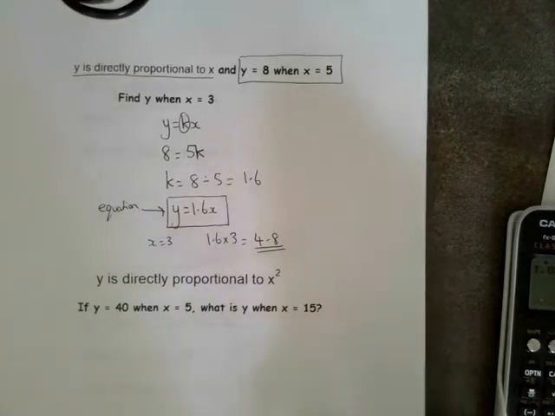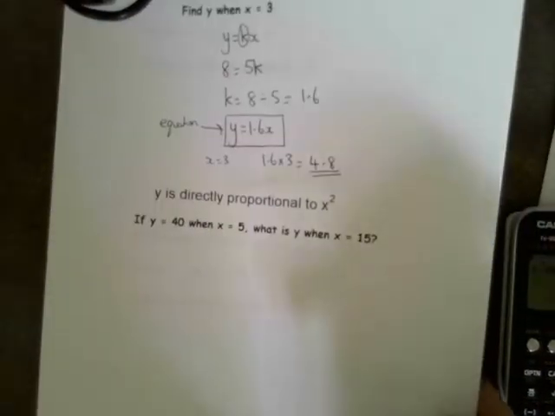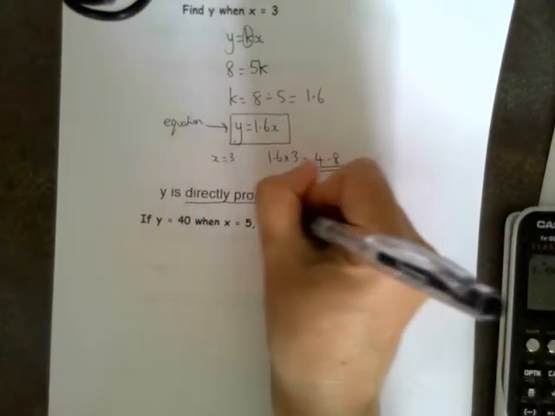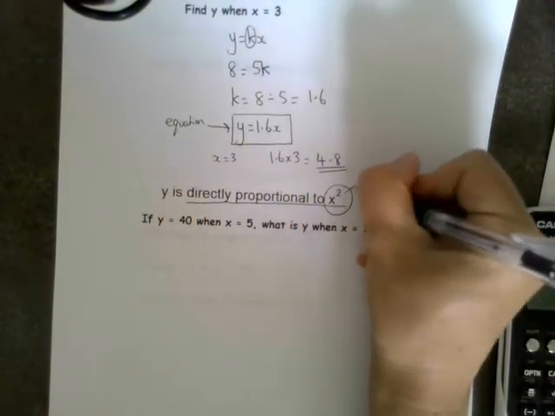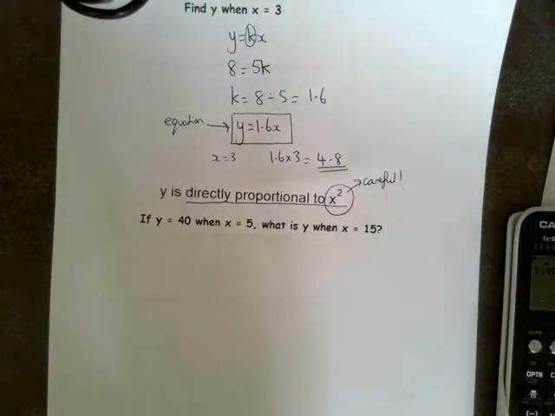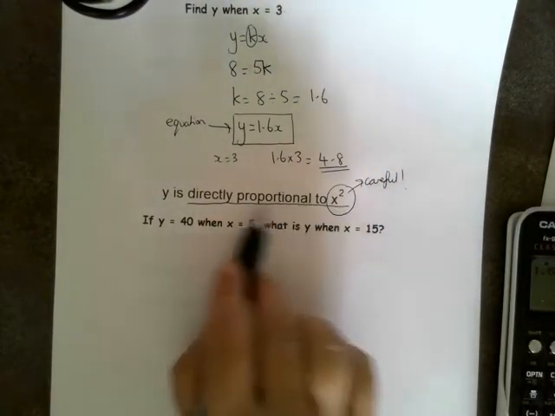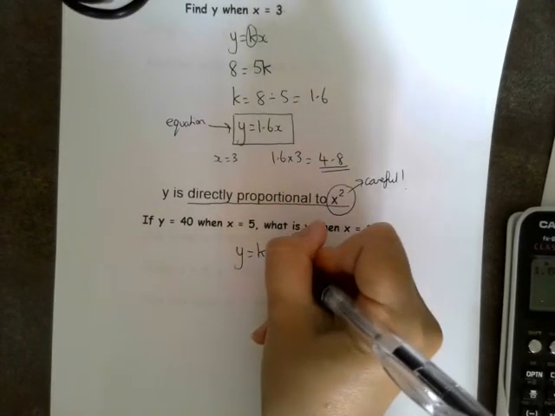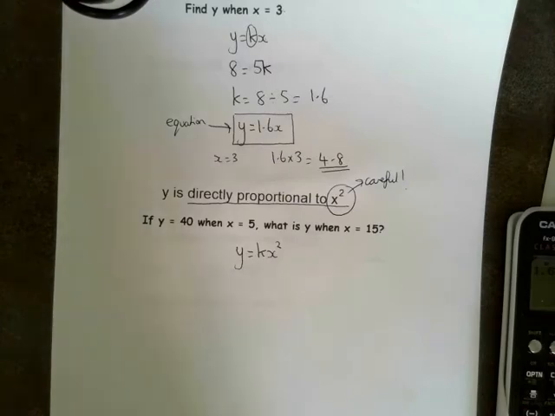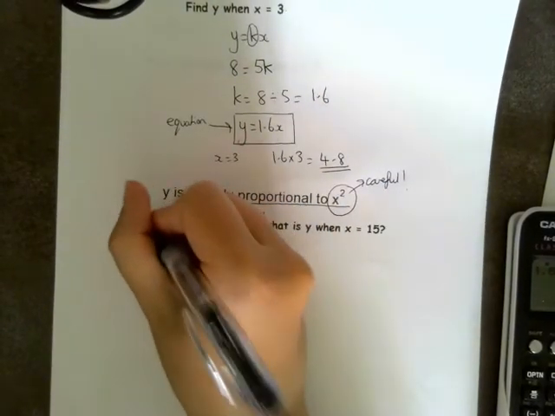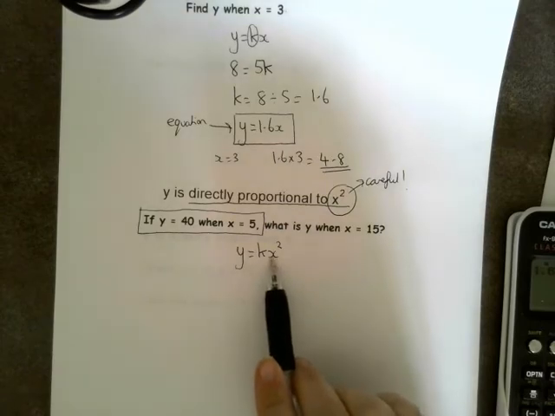Okay, so next one, this time we just need to be really careful, because this time it's directly proportional to x squared. So just be careful, this is not x, it is x squared. So the first thing I'm going to write from reading that line is that y equals kx squared. And the other thing you need to be careful with is when you put these numbers in, we need to remember that it is x squared.